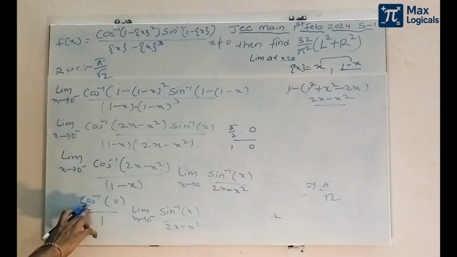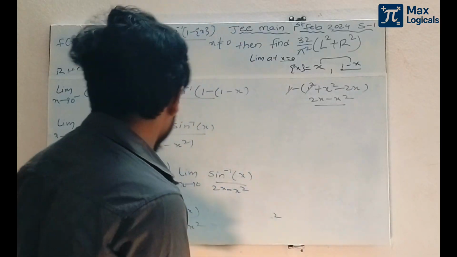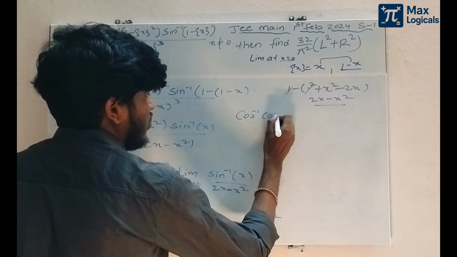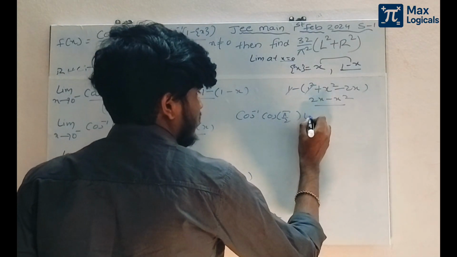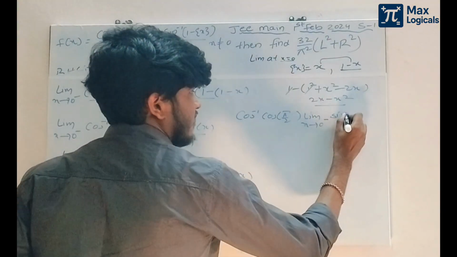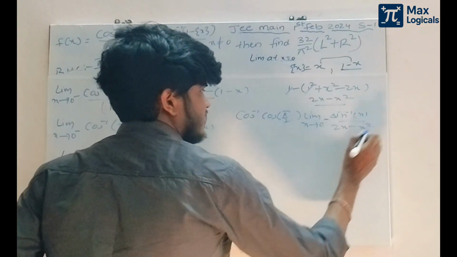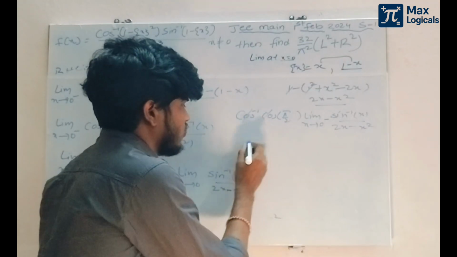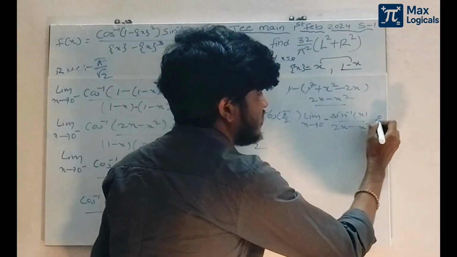What is the value of the first function? Cos inverse of 0 by 1, that means cos inverse of cos pi by 2, times limit x tends to 0 minus of sin inverse of x by 2x minus x square. Now we cancel the cos inverse and cos, we get pi by 2. Here we get a 0 by 0 function.